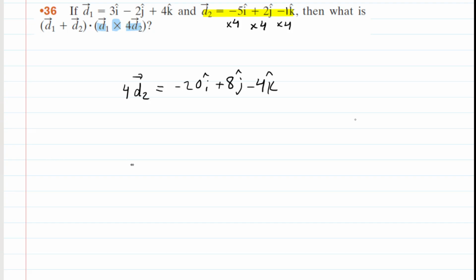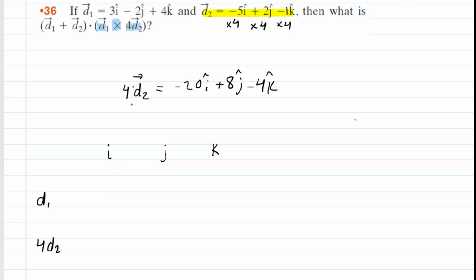We're going to create a little chart, a little table, and in that chart we're going to be listing the i, j, k, also known as x, y, z, components of each vector. Vector d1 is first in the cross, so we're going to list that first. And then comes vector 4d2. So all we're doing is listing the i hat, j hat, and k hat, x, y, z components of these 2 vectors.